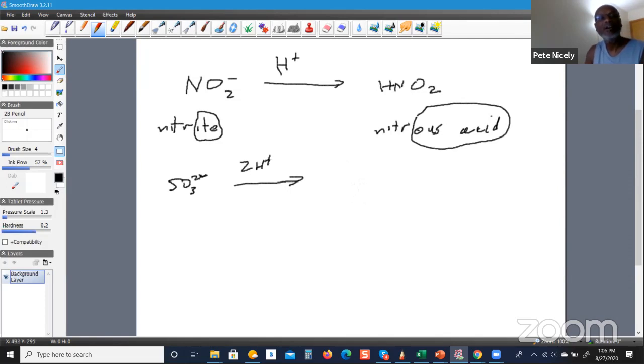So the formula now becomes H2SO3. This is called the sulfite ion. This is called sulfurous acid.